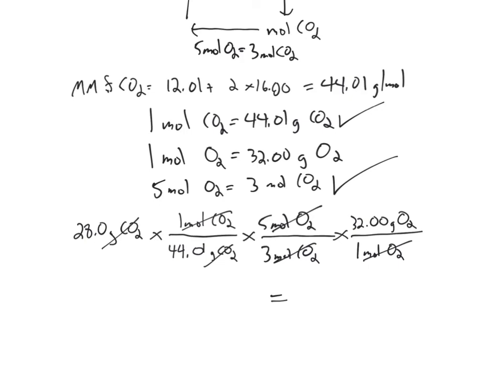And so now 28 times 5 times 32, divide that by 44.01, divide that by 3, and I get 33.9 grams of O2.